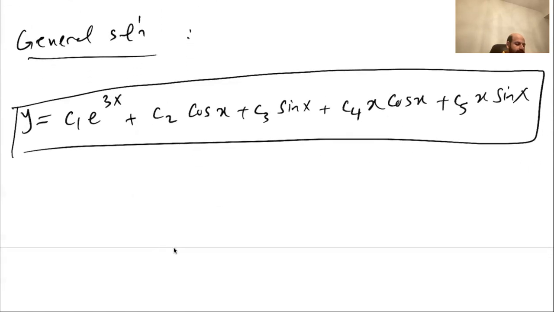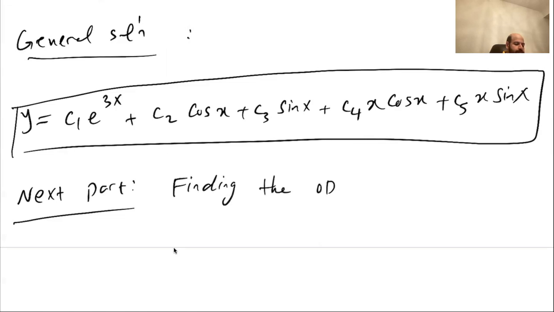And the other part, finding the ODE itself. So we know that there is a close connection between the ODE and the characteristic equation. They have the same coefficients. The only difference is that instead of powers of r, I need to have derivatives in my ODE.